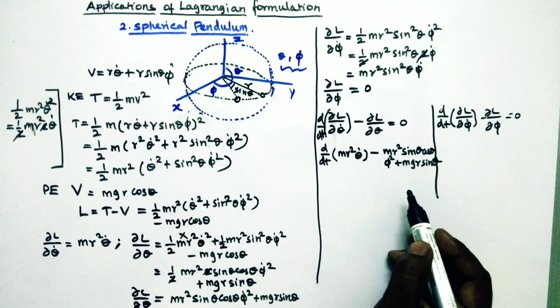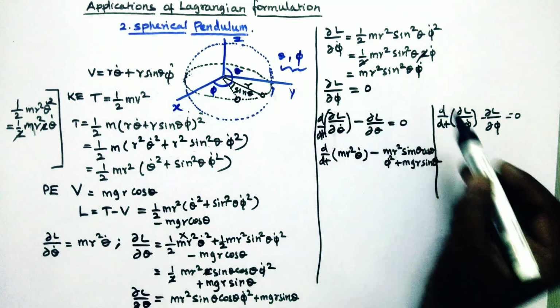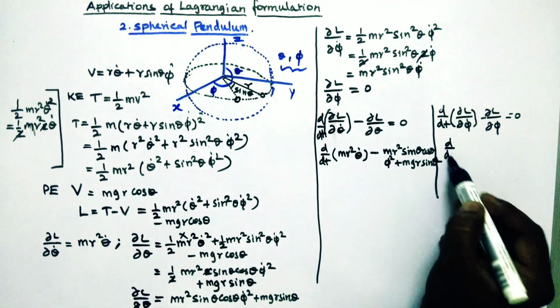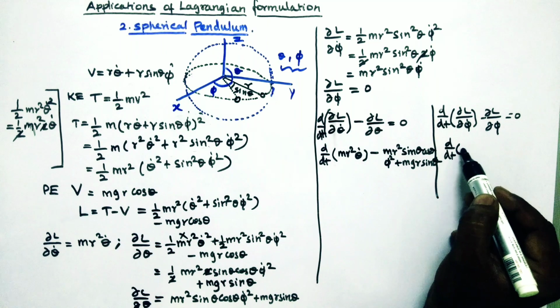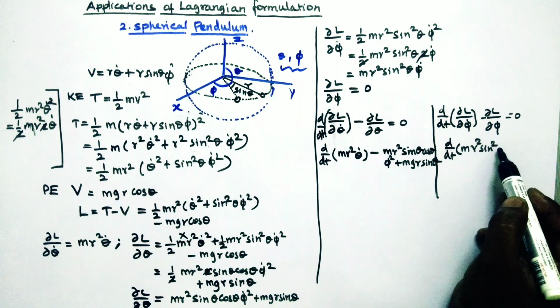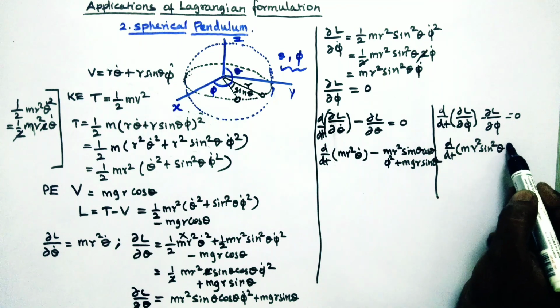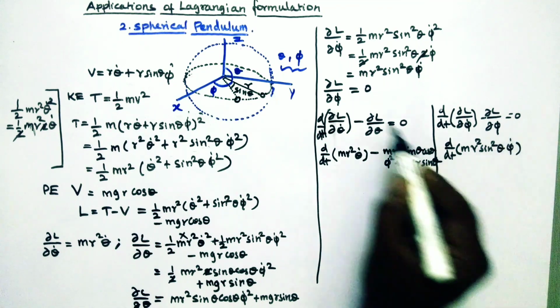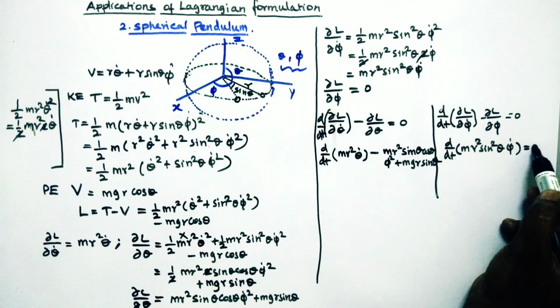Okay, similarly here d/dt of m r square sin square theta phi dot, so the remaining is 0, therefore that is equal to 0.